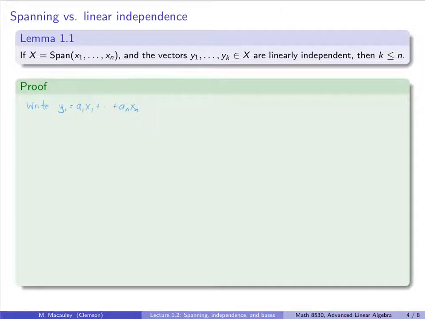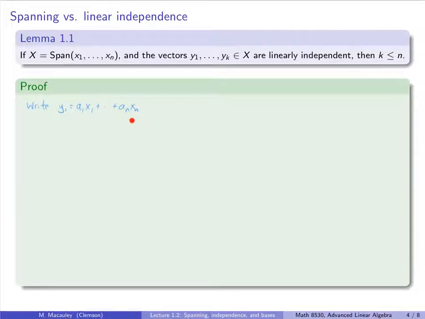Now, I don't need to write it down, but it should be clear that all of these yi's have to be non-zero. Because if any of these are 0, then we have a non-trivial way to write the 0 vector, just 1 times that vector. So y1 is non-zero. We are writing it as a linear combination, and not all of these coefficients are going to be 0.